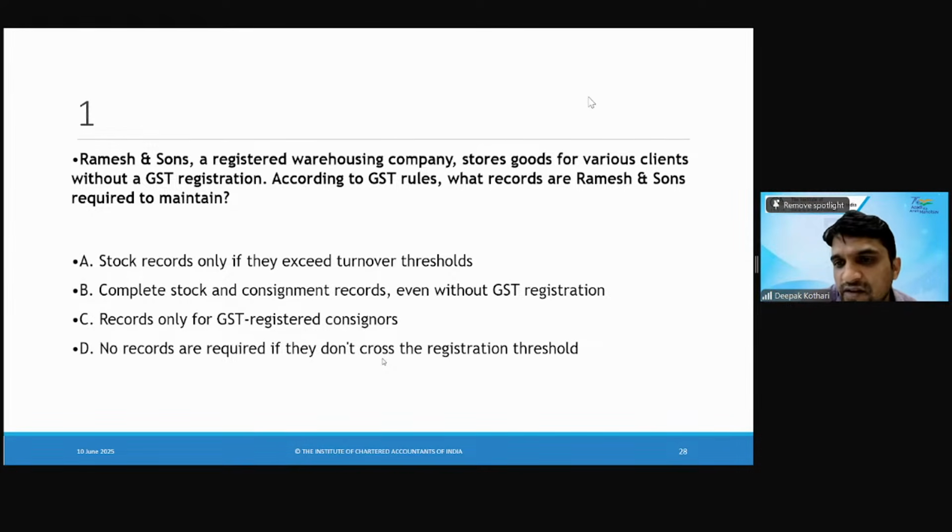Right. So only 74A is written. What happened is 73 and 74, as we know, are only till 23-24, and from 24 onwards it is 74A. So wherever you find the provision of 73 or 74, that will get replaced with 74A. That is the only thing.